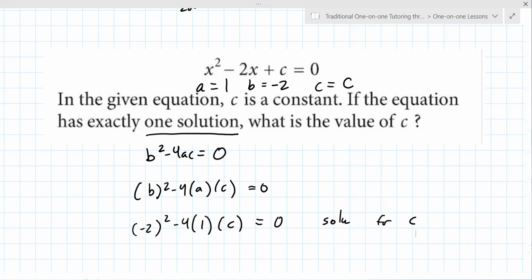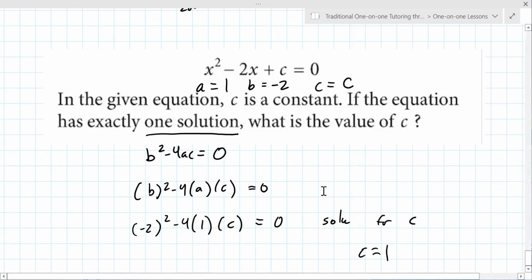Does c equal 1? Yes. Very good. Any questions on that? No, I don't think so. Okay.